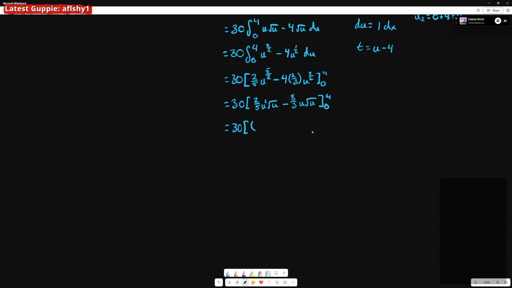So 2/5 of 4 squared times the square root of 4 minus 8/3 times 4 times the square root of 4 minus 0, because we know that our second region will be 0 since there's no constants that are going to affect it.